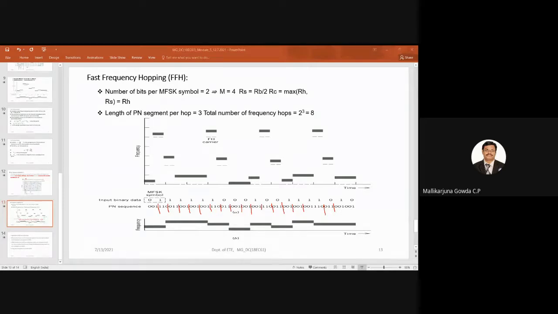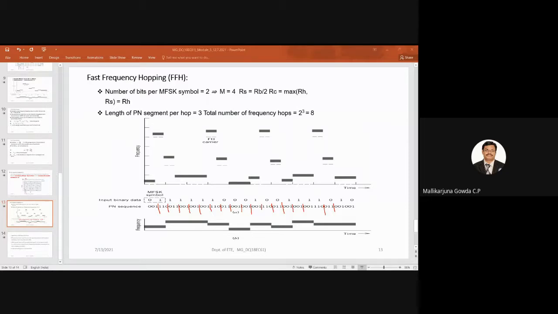So here, is it possible to count the number of hopping frequencies? This is 1, 2, 3, 4, 5, 6, 7, 8, 9, 10, 11, 12, 13, 14, 15, I think here it is 16, 17, 18, 19, 20.